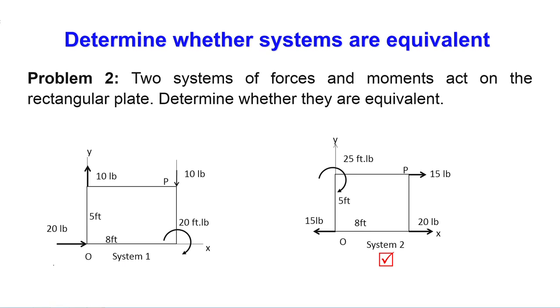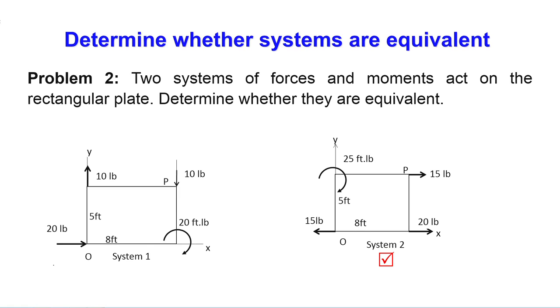In the second case, again the 15 pound and 20 pound forces pass through the origin. So, the only force creating the moment is the 15 pound, and the moment arm will be the height, 5 feet. So, 5 feet times 15 equals 75, and with that 25 foot-pound in the negative. So, both are in the clockwise direction, though they are negative.